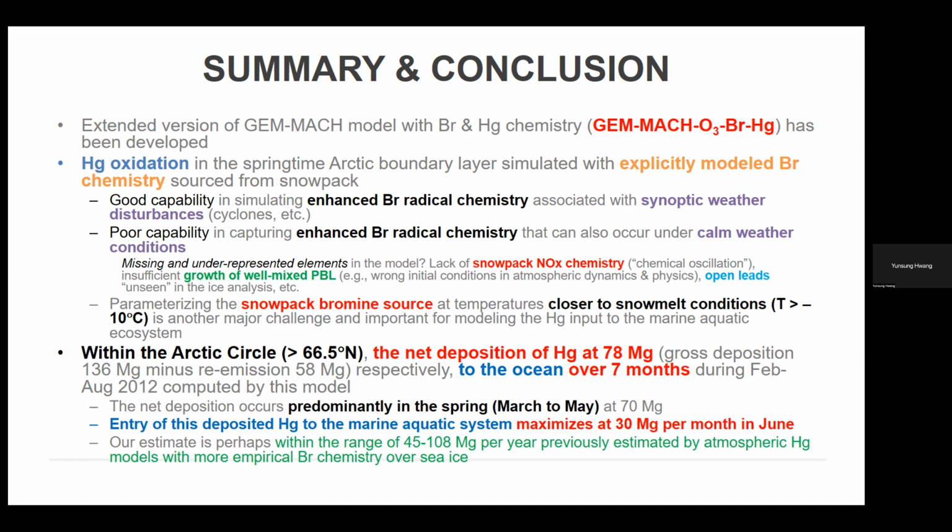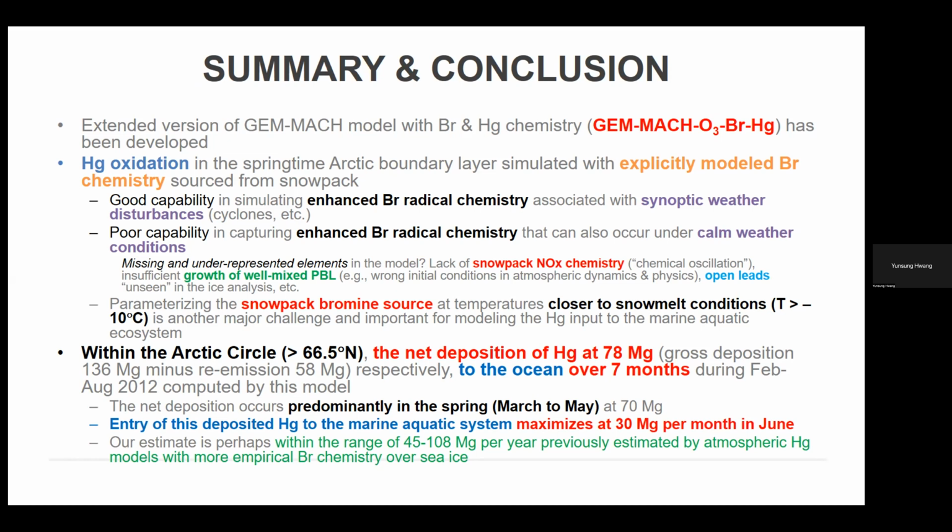And this model has a good capability in simulating the enhanced bromine chemistry under the synoptic weather disturbances such as cyclones, whereas the model is not so good at capturing the enhanced bromine chemistry sometimes occurring under calm weather conditions as well.